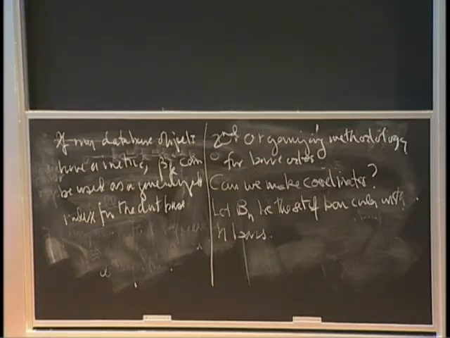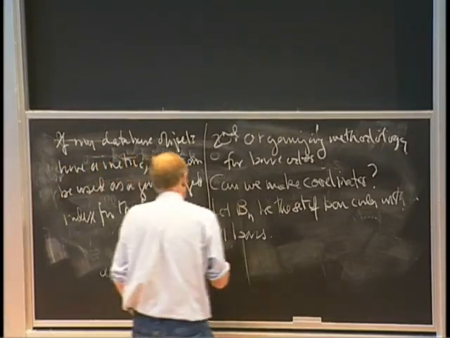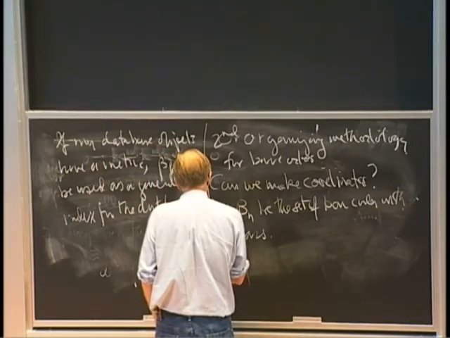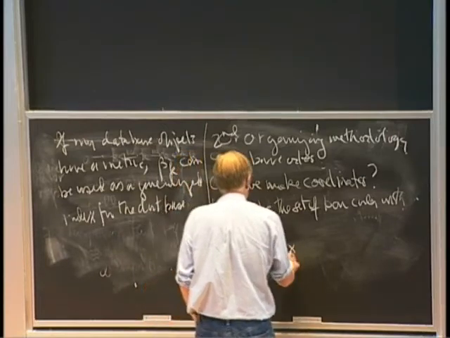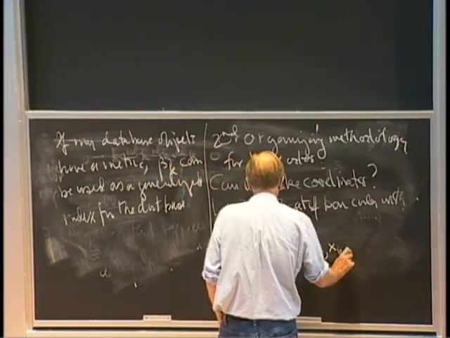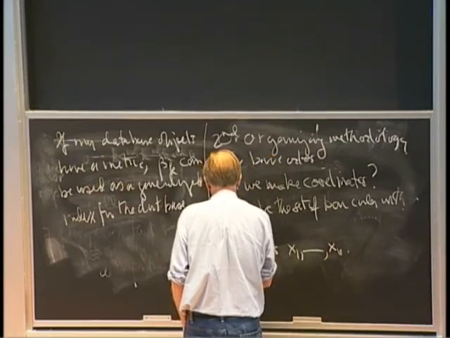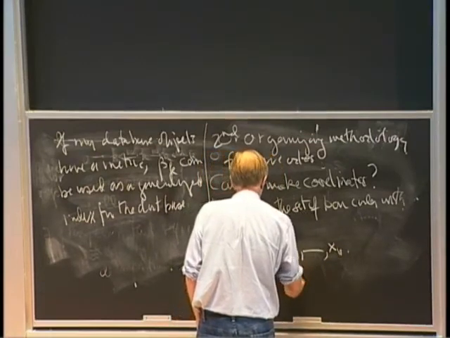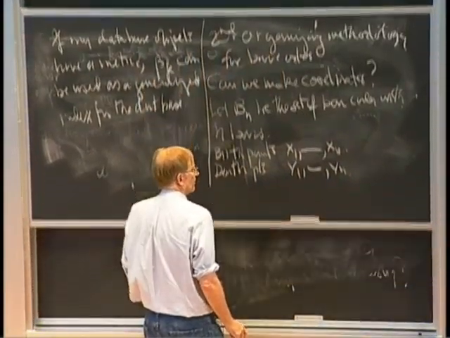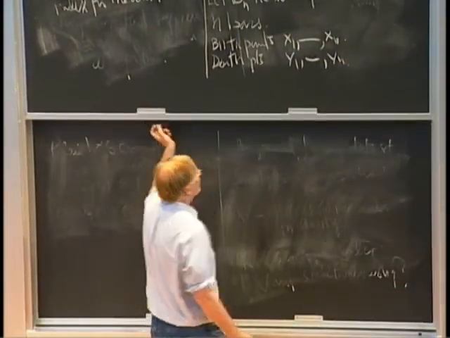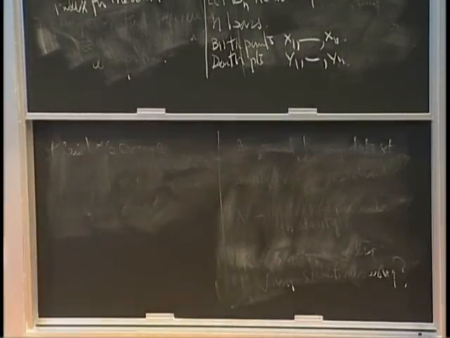So I actually have 2n coordinates. So I can consider the birth points, x1 through xn, and the death points, so those are kind of coordinates.